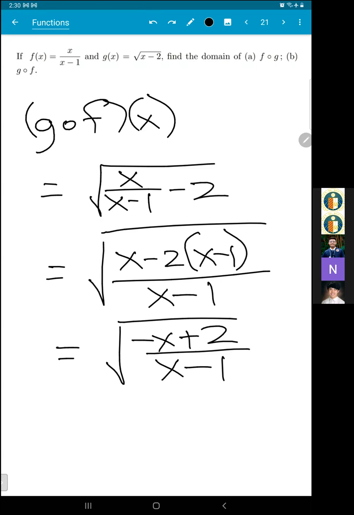Now, question, how do you get the domain of that? How do you set up an inequality that will give you the domain of the expression? There is a divisor and there is a radical.